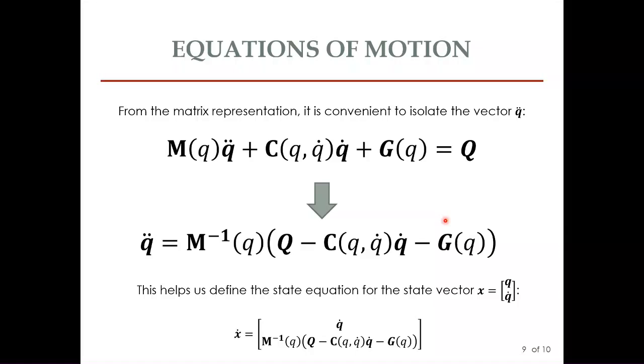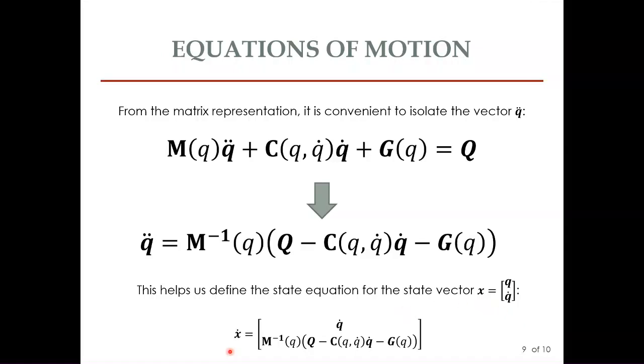So you will define state parameters x, and x you will have as, let's say, all the q's and then all the q dots. So q1 until qn and then q1 dot until qn dot. These will be your 2n state parameters, and x is your state vector.